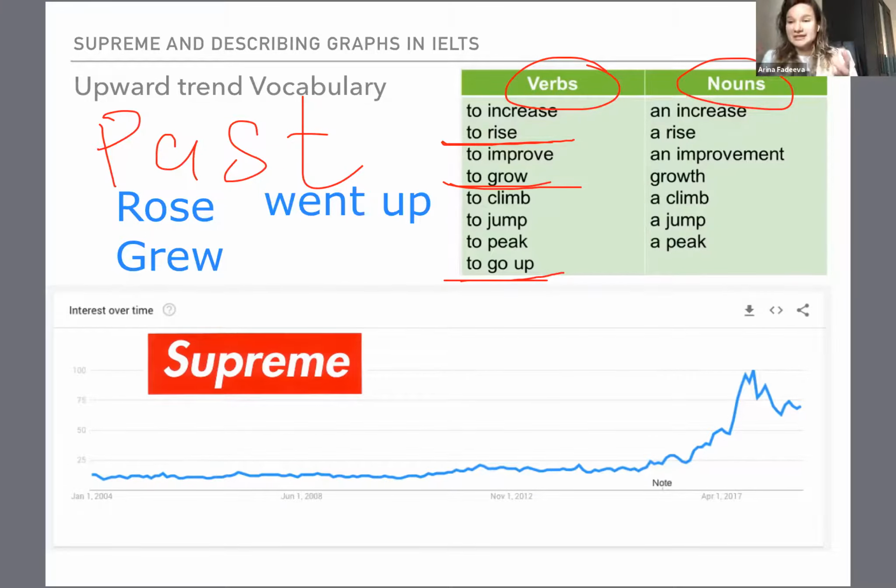All right, how can we describe? Let's build up a sentence about this period. All right, 2017. Let's say the popularity of Supreme. What happened?